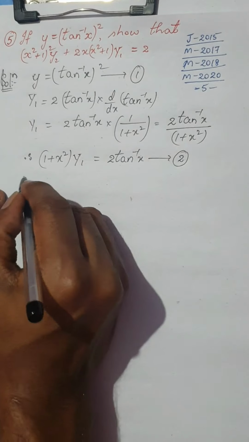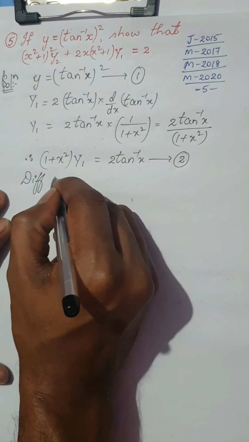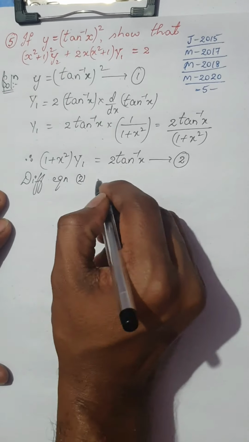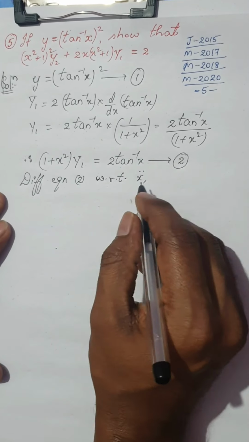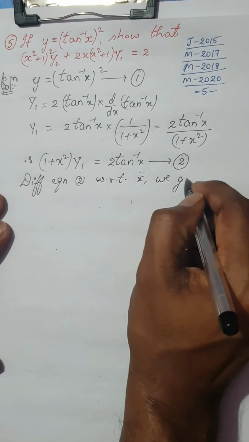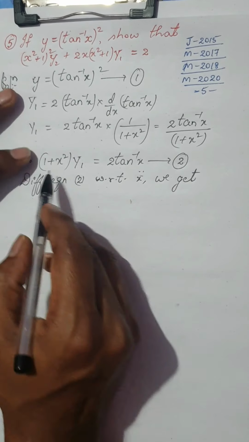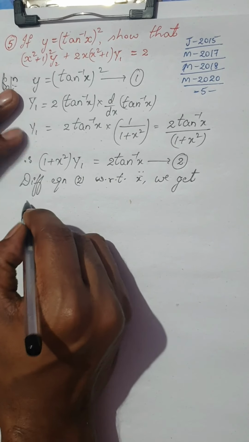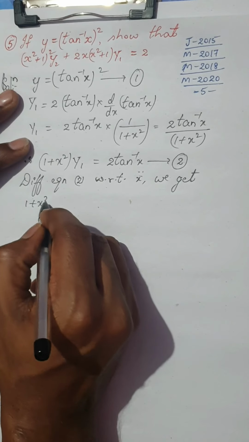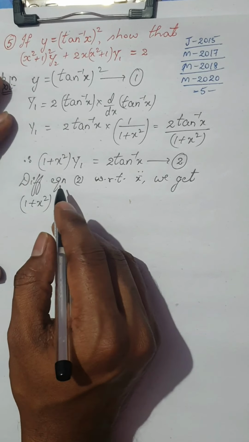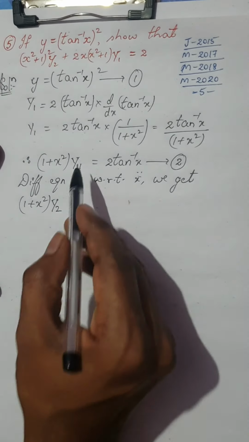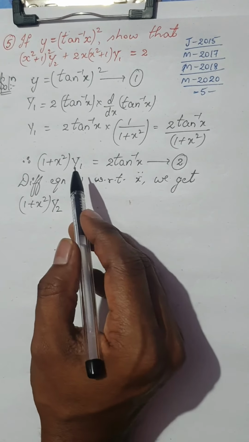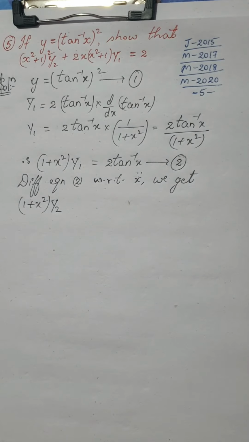Differentiating equation 2 with respect to x, what are you going to get? Now, this is again a product of 2 functions. Let me keep the first function aside, 1 plus x square. Now, the derivative of y1 would be y2. That is the first derivative, and the derivative of the first derivative would be the second derivative.